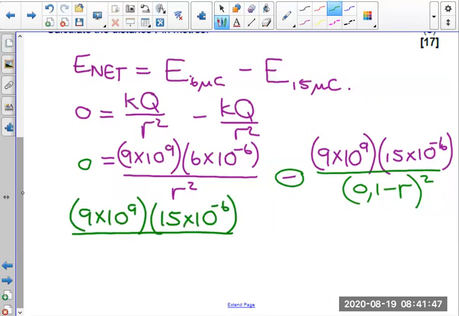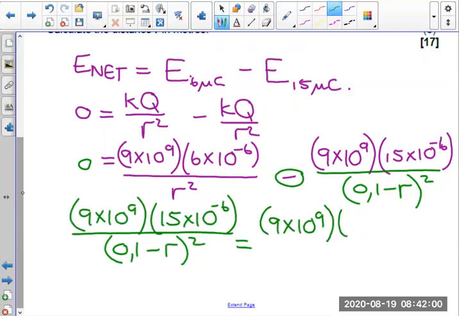And then I have 0.1 minus r, and then that to the power of 2, equals, and then we have 9 times 10 to the power of 9, 6 times 10 to the power of minus 6. And then we have a distance of r squared, as you can see there.